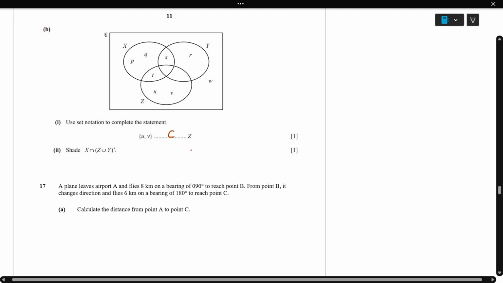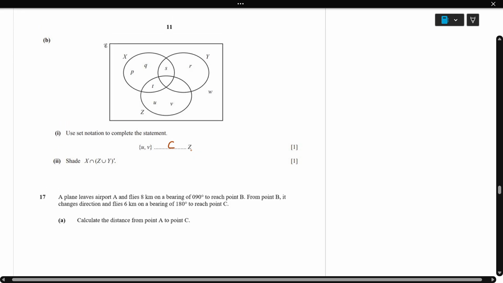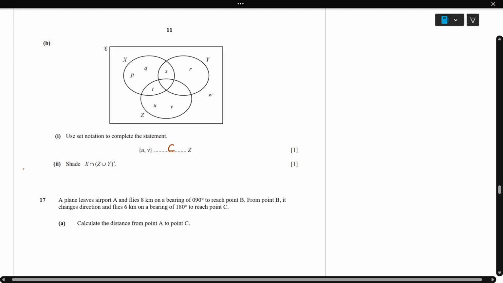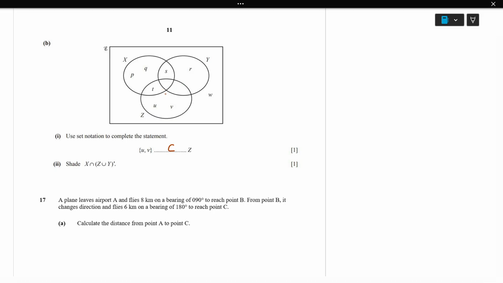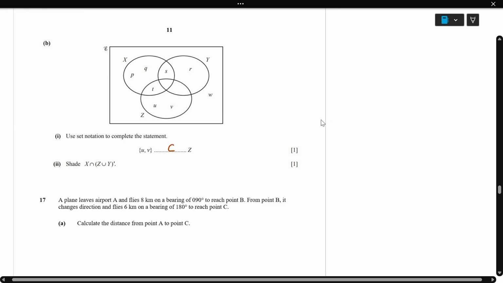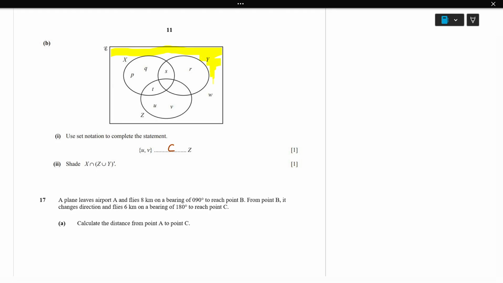Next one, shade X intersection Z union Y whole complement. So other than Z and Y, the Z and Y should not touch. So the entire outside, so you will get this entire thing. So other than this, we will get this.